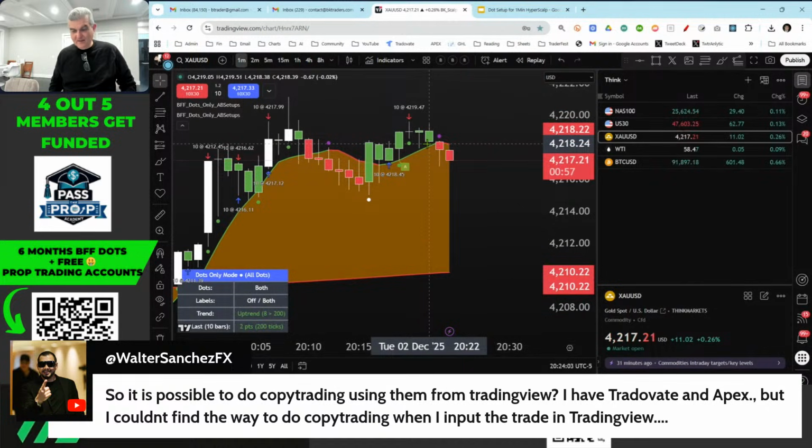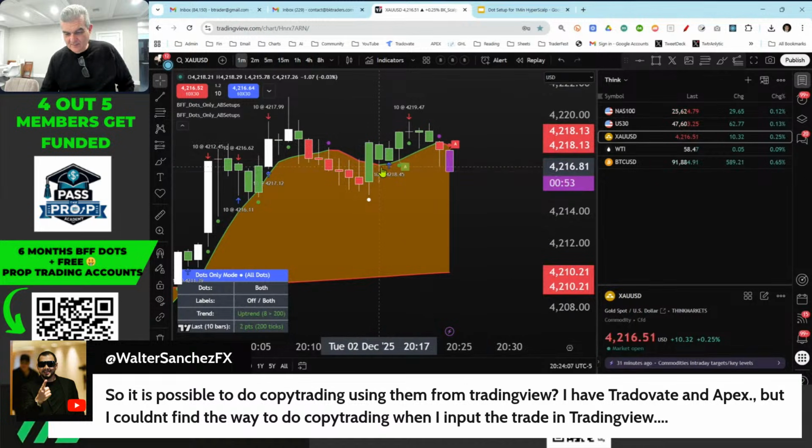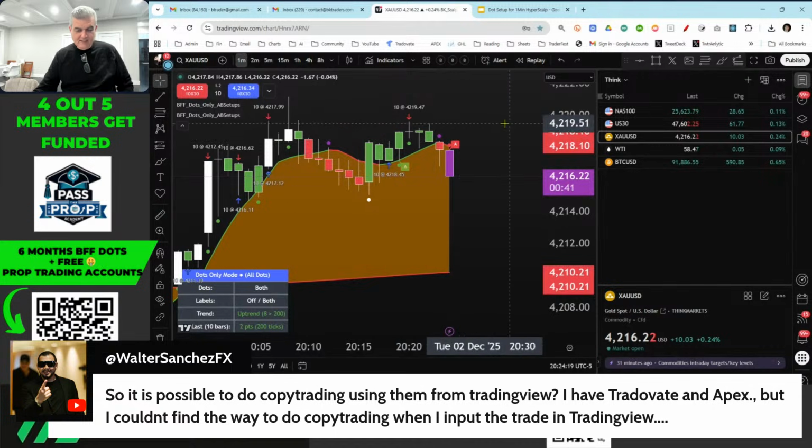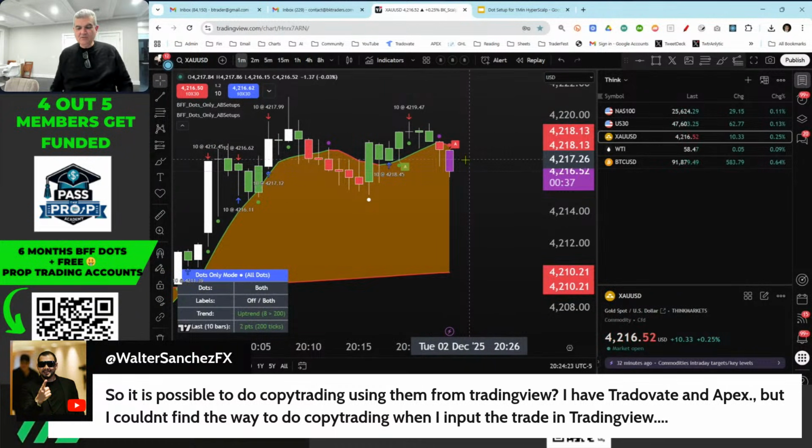All right. So here we actually have the beginnings of a sell setup, which is a short slope, red candle, red dot. So 37 seconds.